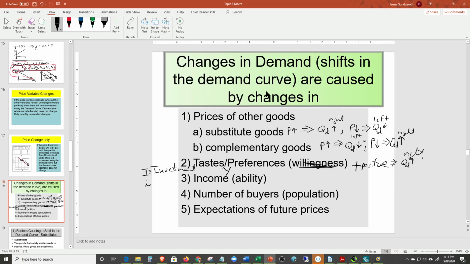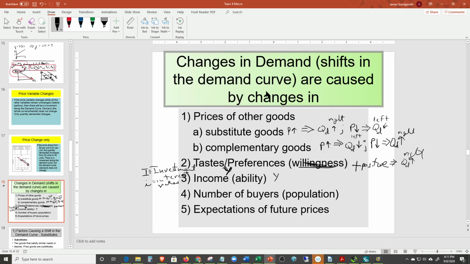And sometimes a lowercase i represents interest rates, so sometimes R is used for that. So to avoid confusion, economists usually use the uppercase Y to represent income.